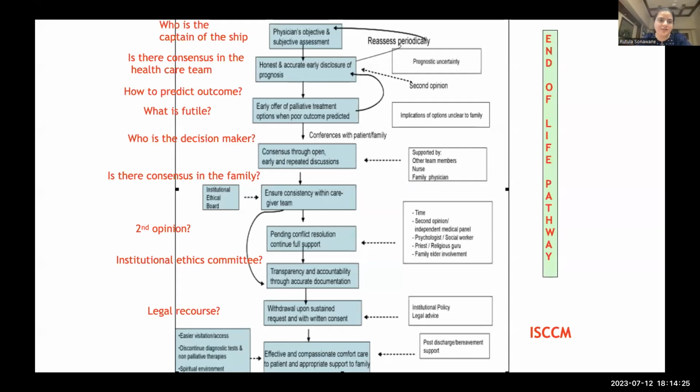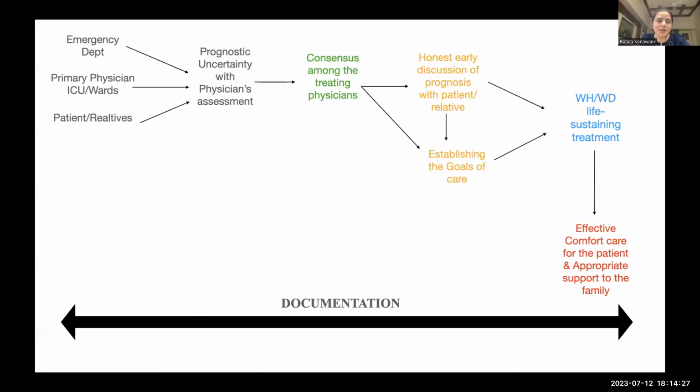So the simplified version is that if the patient is coming into the ICU from an emergency department, or referred from a primary physician, or the relatives have got them to the ICU, and you know that there is prognostic uncertainty, and you've discussed it with the rest of the colleagues that are managing the patient along with you, and there is a consensus that there is prognostic futility in further management, then basically what they suggest is that you should have a family meeting with all the stakeholders in place.